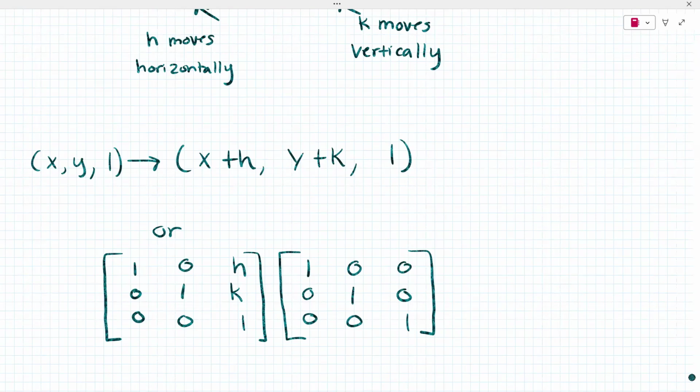When you do translation, it's kind of in reverse order. We're going to multiply from left to right, but we're going to write it from right to left. It's kind of backwards. So for example, X, Y, 1, and you want to do a horizontal shift, a plus H, and a vertical shift, a plus K, and then this stays the same. You would write it out as these two matrices: 1, 0, 0, 0, 1, 0, H, K, 1, and 1, 0, 0, 0, 1, 0, 0, 0, 1. You'll see what I mean in a bit.